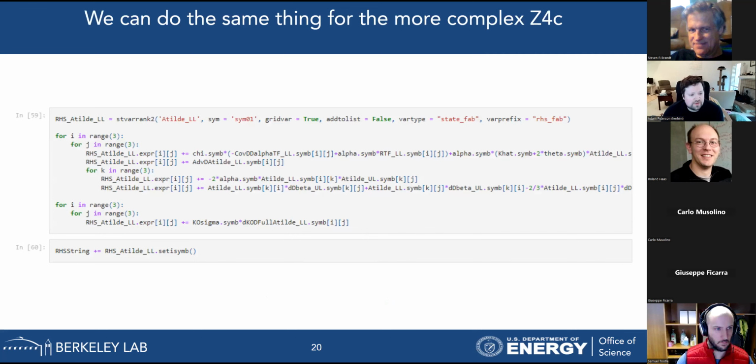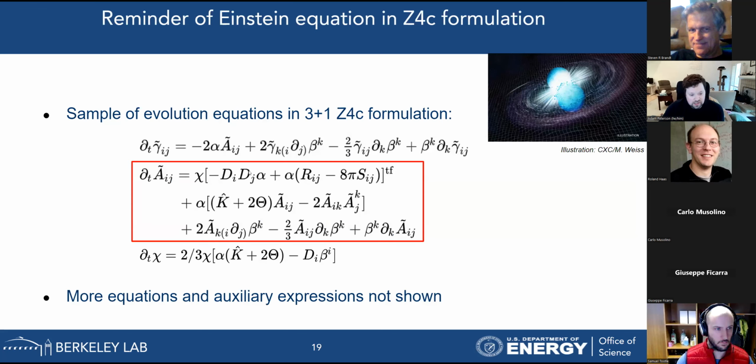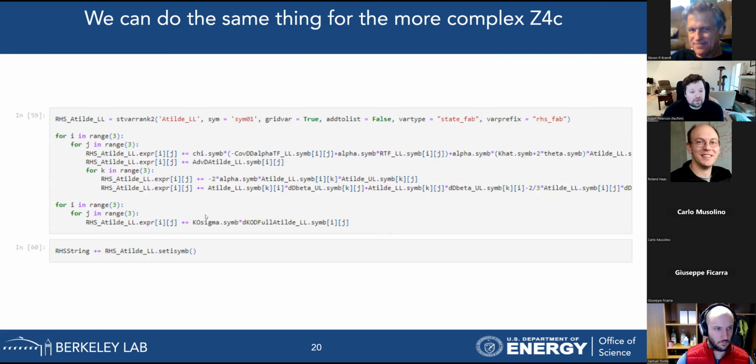Very similar to the previous case, I have defined an object called the right-hand side of A tilde. Sub LL means it's a two lower indexed tensor. And I'd like to fill its expression with the actual equation of motion here. So you can see, this is a lot, but the idea is I have been able to take this expression and read off the various objects. I've read off chi.